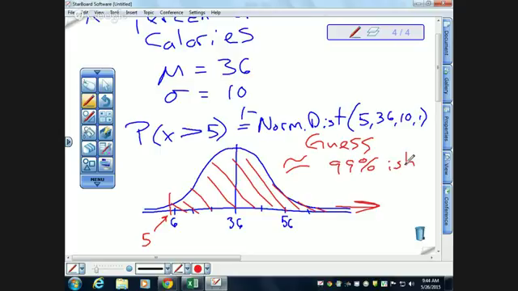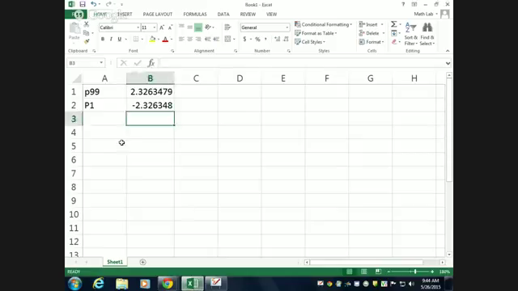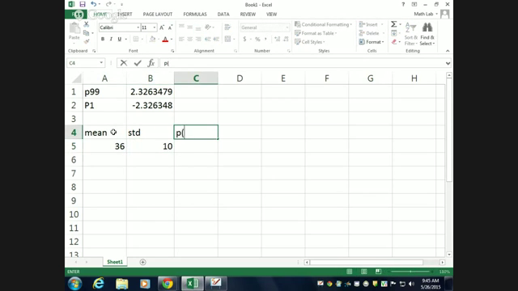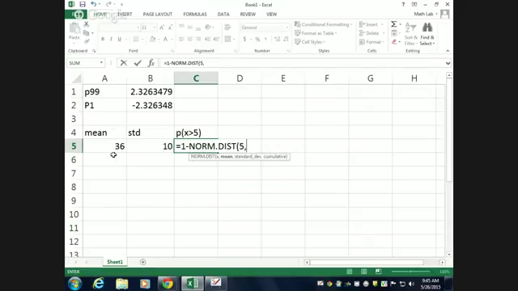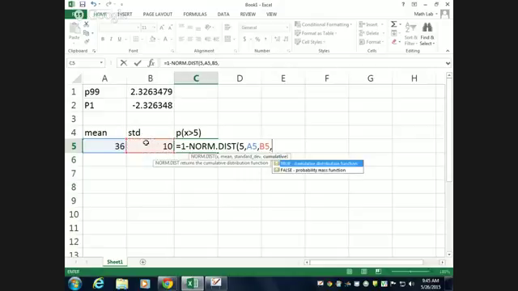So whipping out that calculation. We have a mean of 36, an STD of 10. We want to know what is the probability that x is greater than 5, which equals 1 minus the norm dist of 5, comma, 36, comma, 10, comma, what's always next? 1.